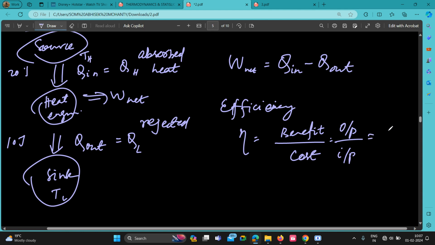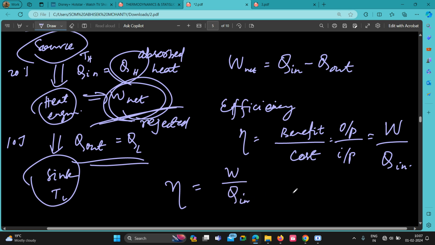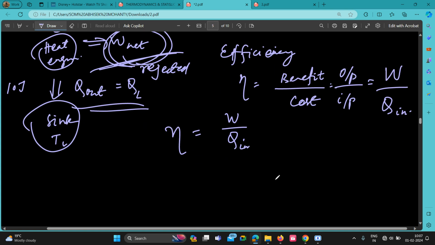Input is Q in. Output is not your Q out, this is only heat rejected. Our work is the one which is important. So eta, efficiency, is equal to W by Q input. Instead of QH, let me write Q input so that it won't be confusing.